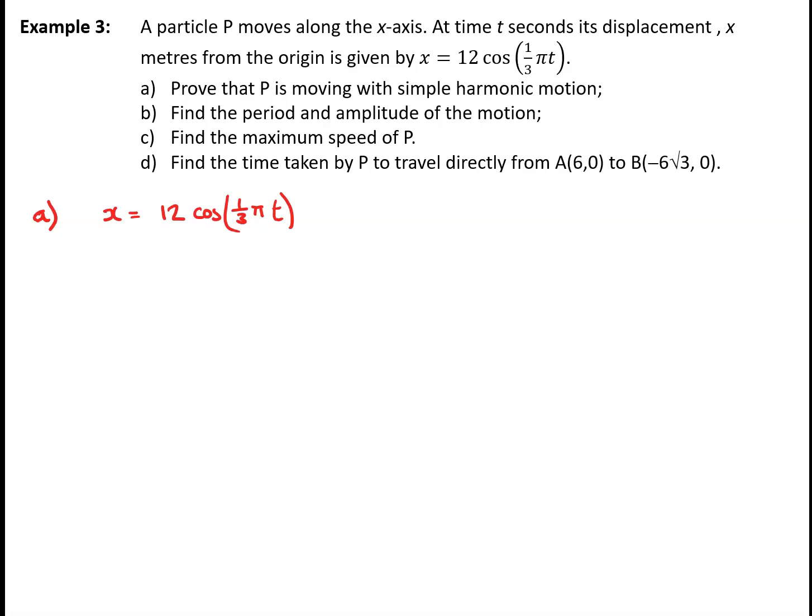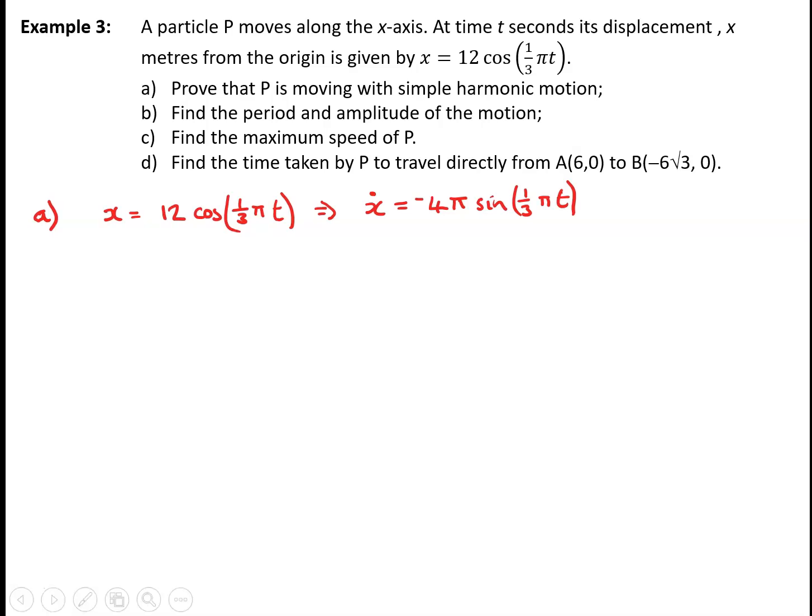Now, to show that something is moving with simple harmonic motion, we've got to show that the equation of motion takes the form x double dot equals minus omega squared x. So if I've got x equals 12 cos a third pi t, then x dot is going to be minus 4 pi times sin of a third pi t, and x double dot is going to be minus 4 over 3 pi squared cos a third pi t.